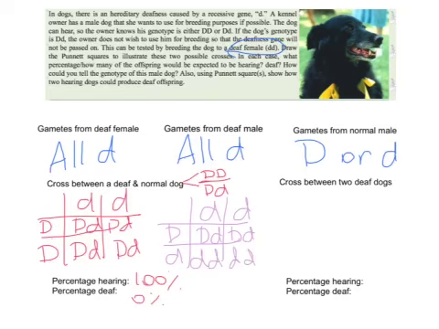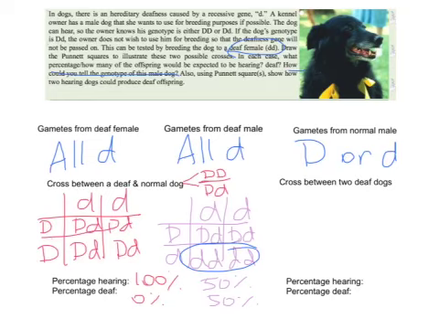So now, as a result of this cross, our percentage hearing is 50%, and our percentage deaf is also 50%. So the question asked us at one point, how could you tell the genotype of the male dog? And that would be, if we have any deaf puppies as a result of a cross between our normal dog and our deaf female, then we know that he is heterozygous.